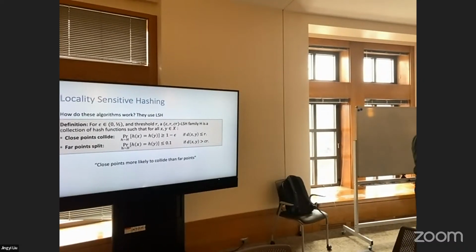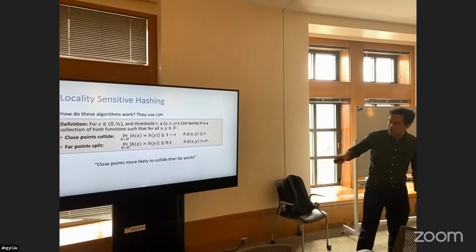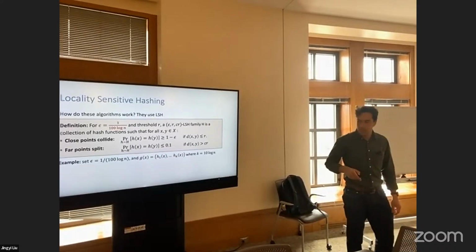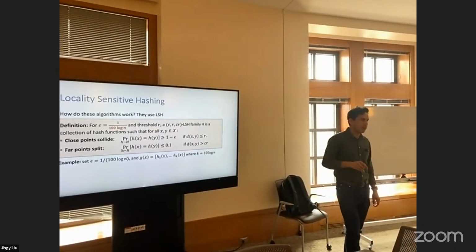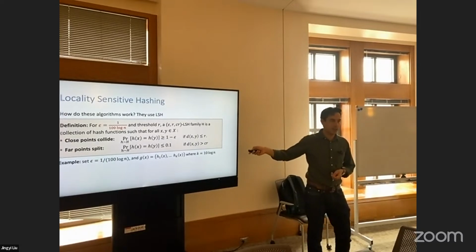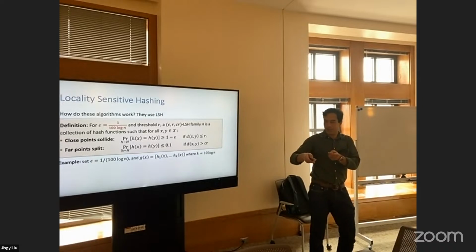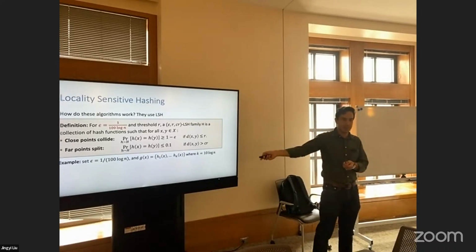And just to see very briefly how you could use this for nearest neighbor search, imagine I set epsilon to be 1 over 100 log n. Remember, n is the number of points in my data set. Now let's take g of x to be a k-wise concatenation of my hash function. I'm just going to take k of them and concatenate them together. Then to collide under g, you have to collide k times under h.